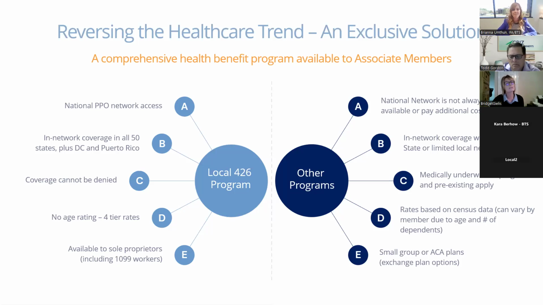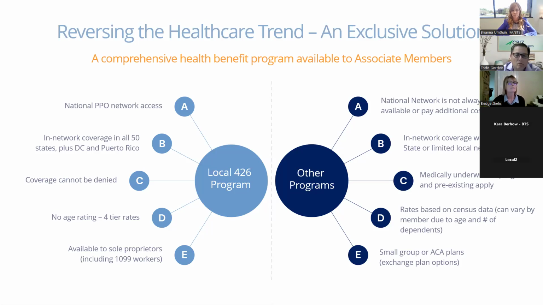So a couple of the differences with this program versus what we call other programs, whether it's the exchange, commercial programs, what have you. This program does utilize a national PPO network. The union has a contract with the National Blue Cross Blue Shield PPO network, where if you look at plans in the market, the national network isn't always available, or you have to pay additional cost for that national access.